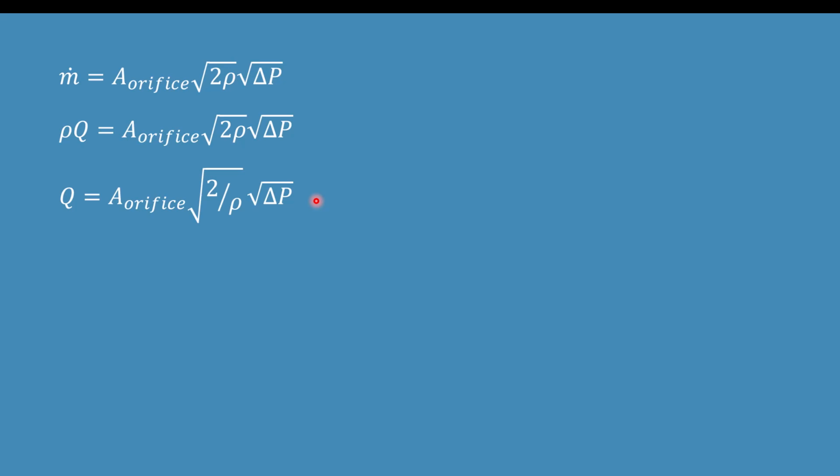So it is what remains. And since MATLAB asks for the area of the orifice, I'm going to keep it on one side of the equation and all other terms on the other side. So by rearranging the formula, here is what we get. The area of the orifice is equal to the volumetric flow rate over the square root of pressure drop times the square root of half of density. And if you look closely at this formula, you see that Q over the square root of delta P is equal to CV.